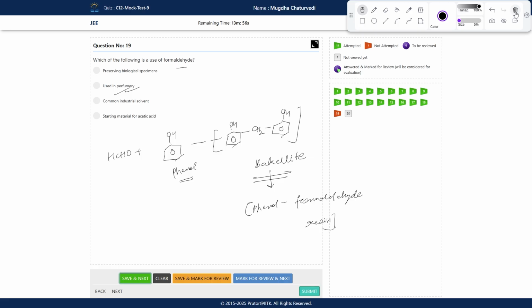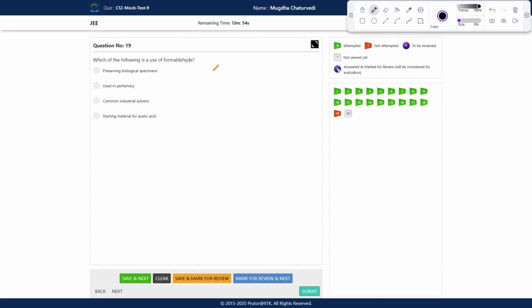Now let's see the next question. Which of the following is a use of formaldehyde? Right now I only told you formaldehyde is used for preserving biological specimens. It is used as formalin, which is a 40% solution, to preserve biological specimens.